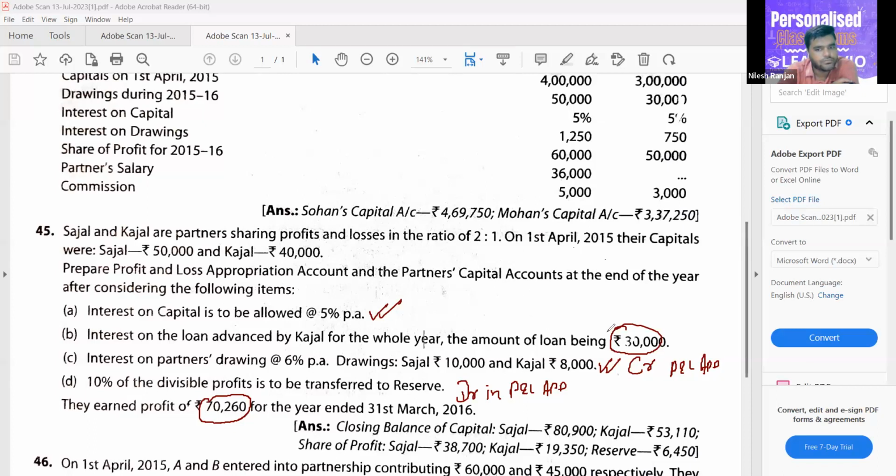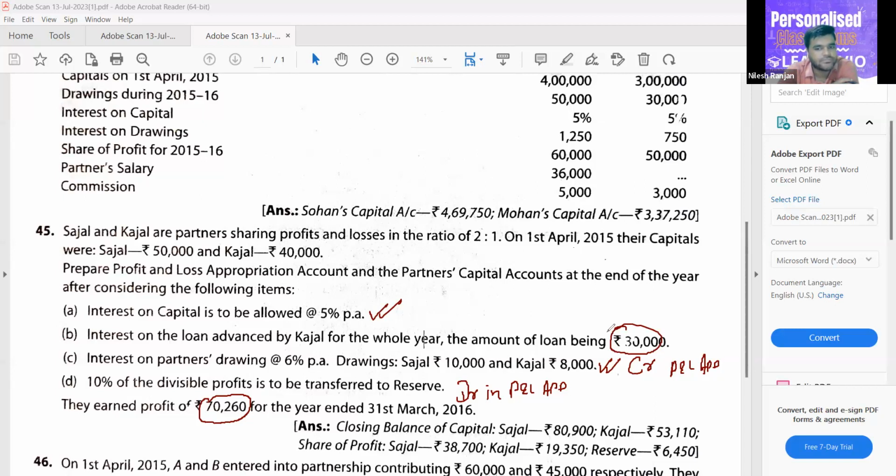I think it will be 10%. As per you, 10%, the amount will be 3,000, but 10% is incorrect actually. When there is no partnership deed or there is no provision in the partnership deed, then interest on loan is to be paid at the rate of 6% per annum.